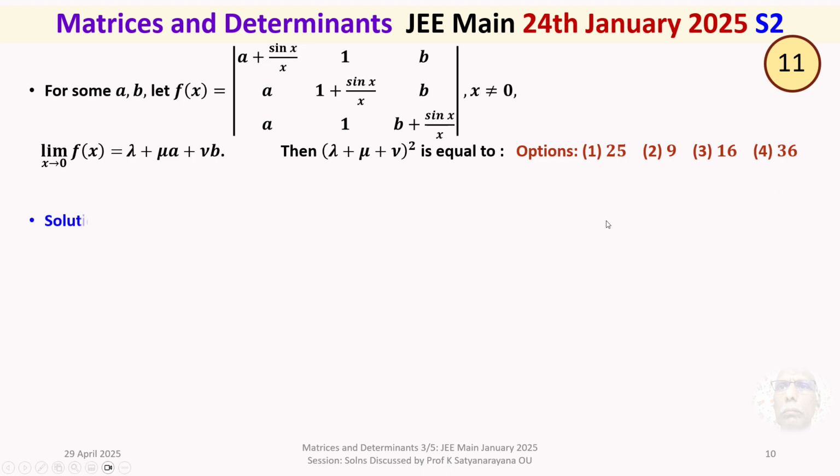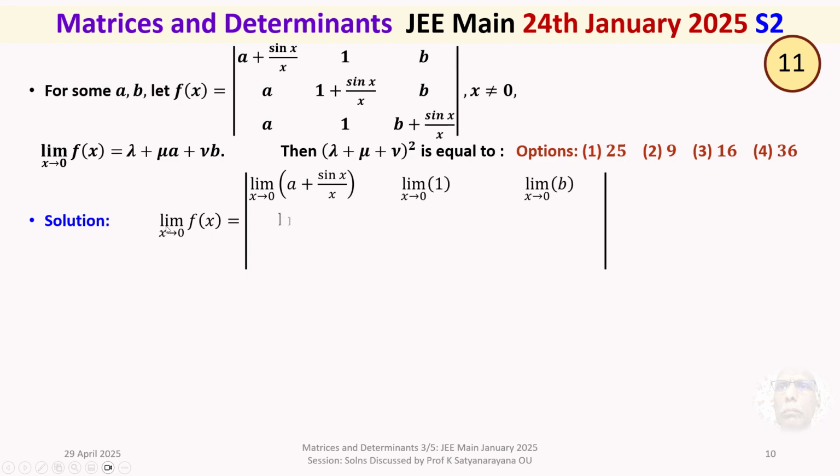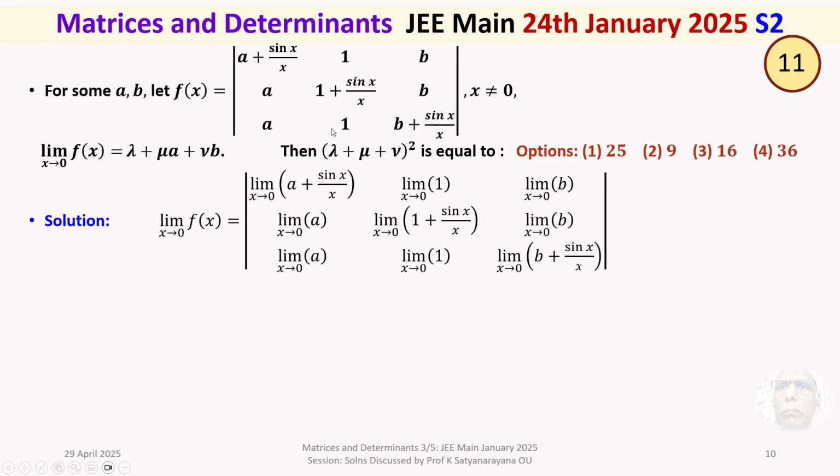Let's now discuss the solution of the problem. Take f of x, this 3 by 3 determinant, and the limit as x tends to 0 of f of x will be the limit as x tends to 0 of each entry. If you take f of x and expand this determinant, you will get a function of x, then take the limit as x tends to 0 of that.